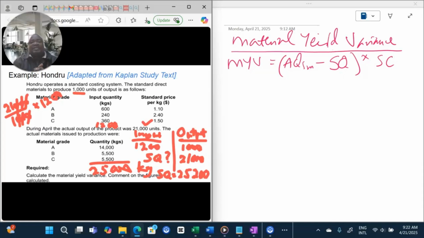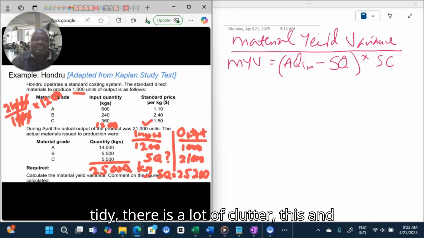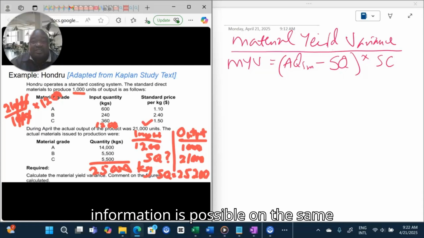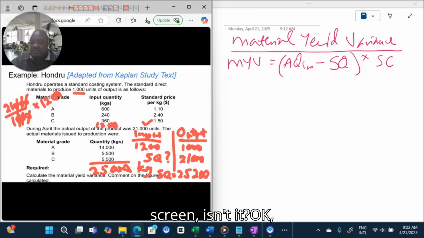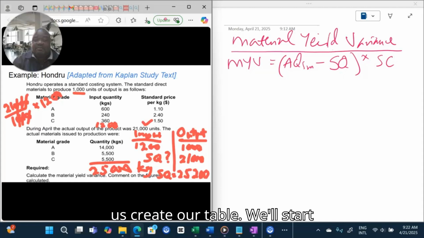In the exam, there won't be much time, so this is why we are just doing the computation on the screen there. Sometimes I've seen comments saying that your screen is not tidy, there is a lot of clutter, this and that. We will be trying to ensure that you gather as much information as possible on the same screen, isn't it? Okay, now we have all the basic information we need, so let us create our table.